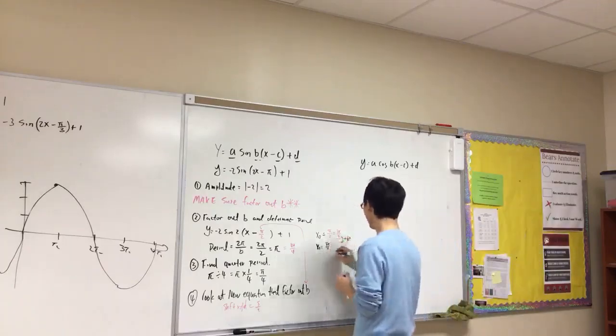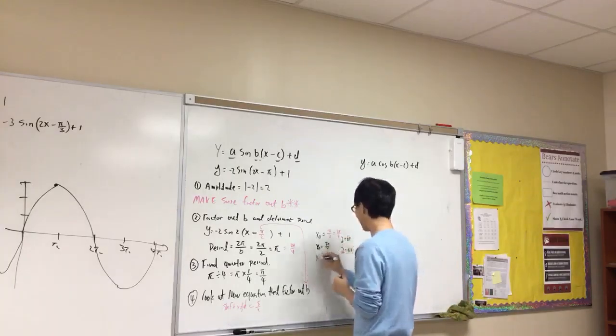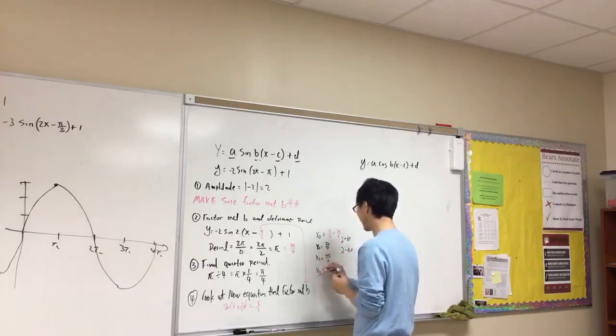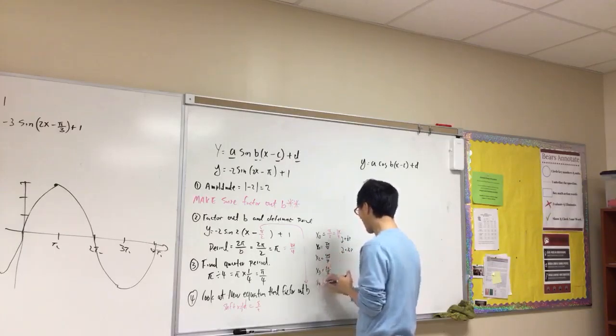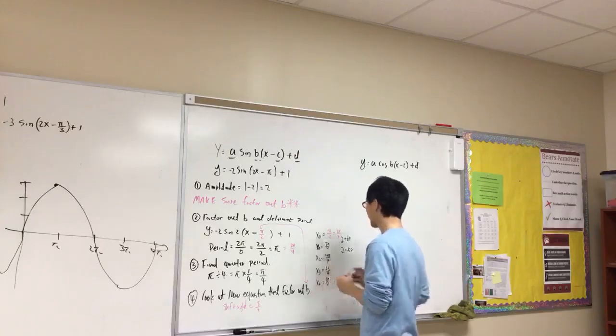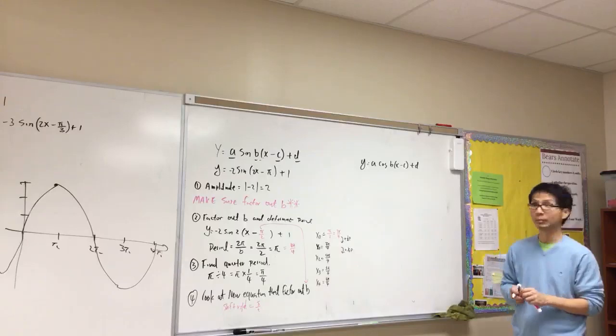The same thing, from here to here, I add a quarter period, which gives 4 pi over 4. I don't write pi yet because I can convert it later, since on the grid it's much easier to graph that way. So 5 pi over 4, and the fifth point is going to be 6 pi over 4. Does that make sense? Yes.